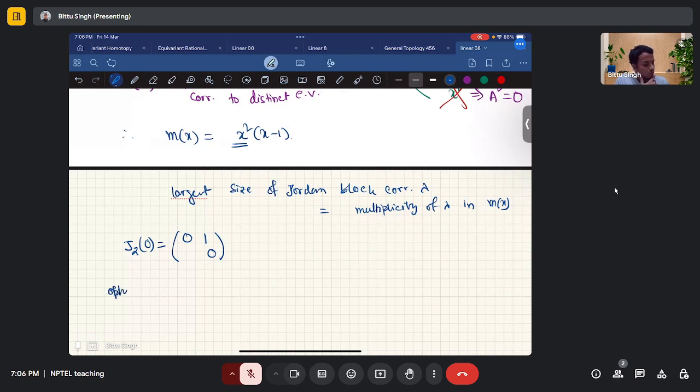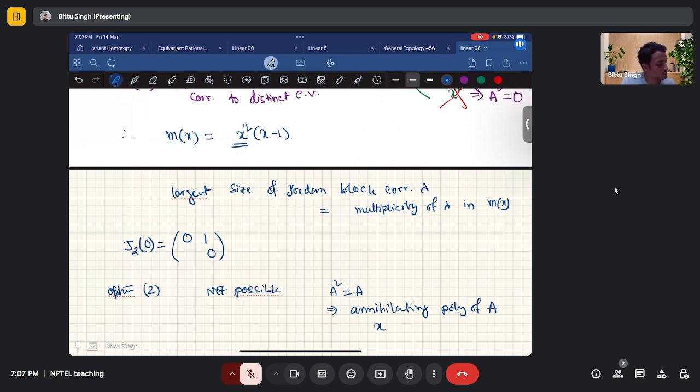So option 2 is not possible. Why is this not possible? Because A squared equal to A would imply that A satisfies an annihilating polynomial, which is x squared minus x.